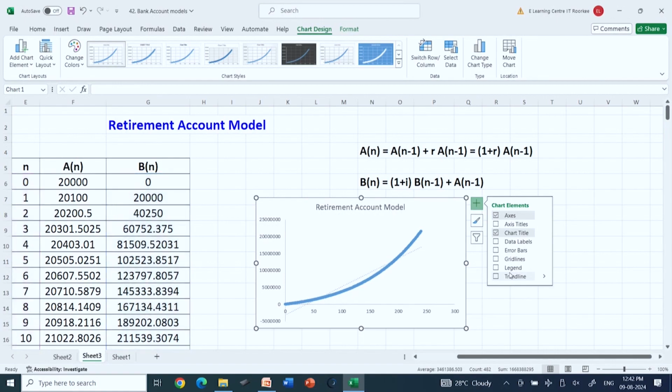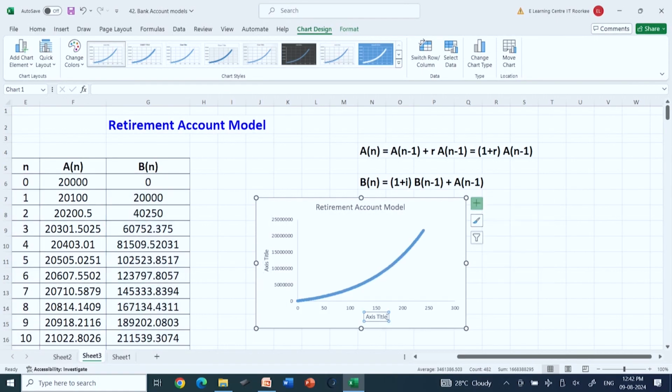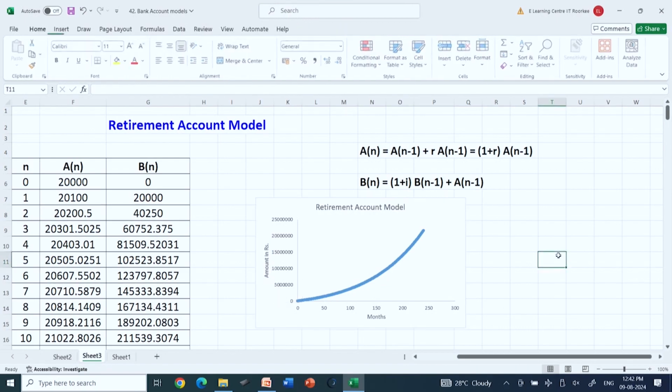If I want the axis title, this is the month and this is the amount in rupees.